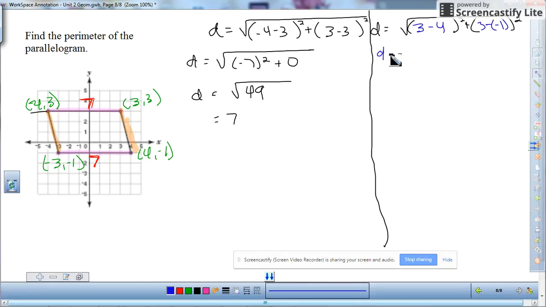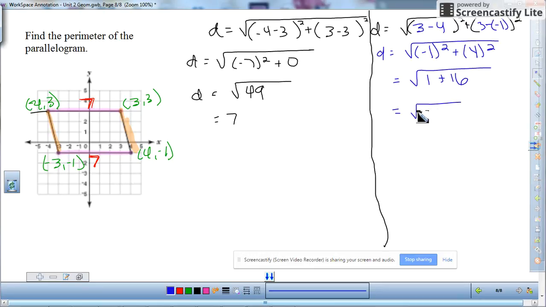All right, so let's bring this down. 3 minus 4 is -1. 3 minus -1 turns into 3 plus 1, which is 4. And let's see, -1 squared is 1. -1 times -1 is +1. 4 squared is 16. So I will have the square root of 17.